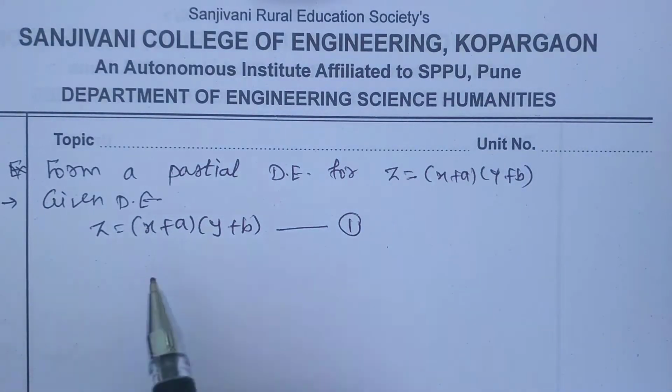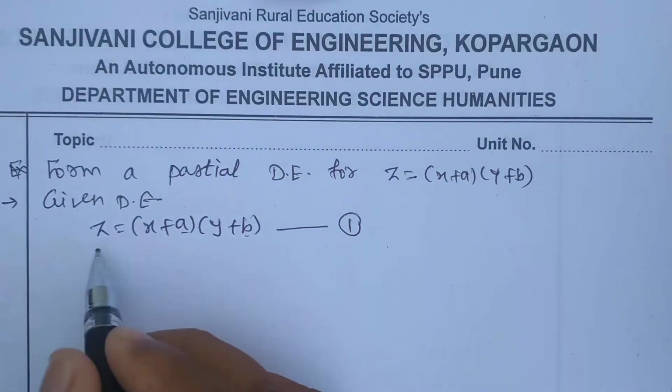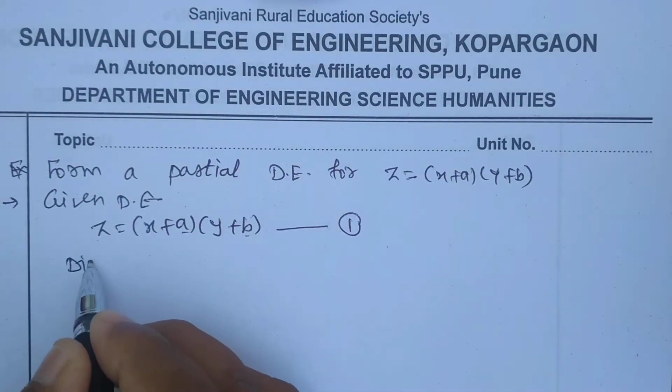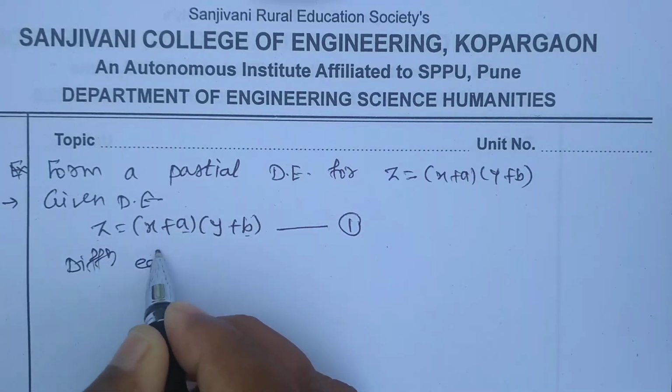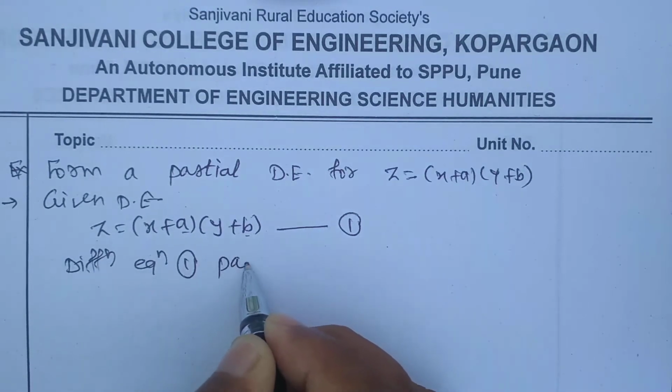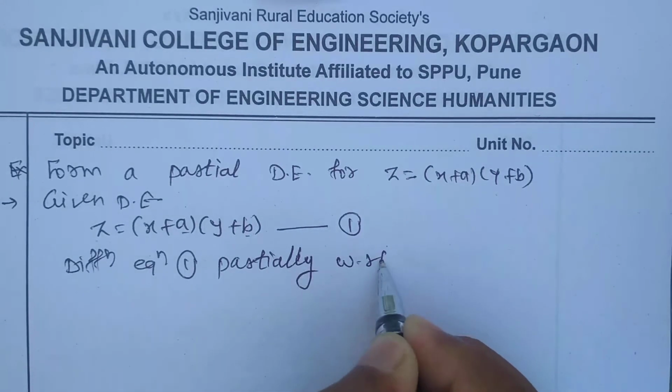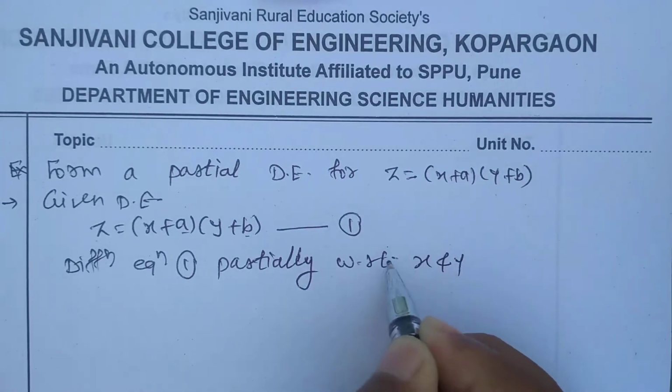See, in this equation there are two constants, a and b, and here z is a function of x and y. So differentiate equation 1 partially with respect to x and y.